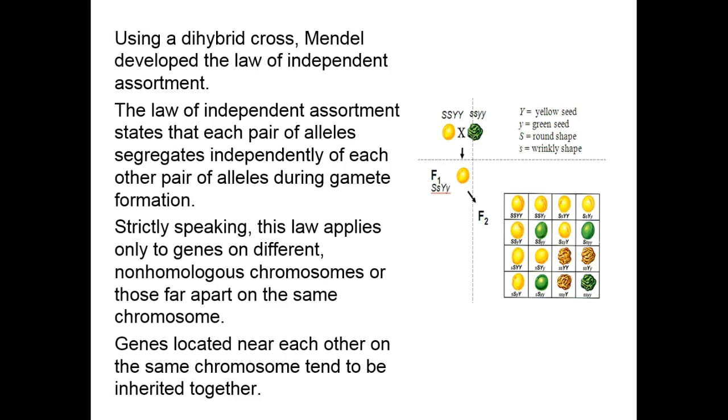It applies to different non-homologous chromosomes. There are those that are far apart. And what we're saying here with homologous chromosomes, we're talking about, say, the pair that's chromosome 23 or the pair that's chromosome 24. If the alleles are found on those individual chromosomes, they will pass on together.